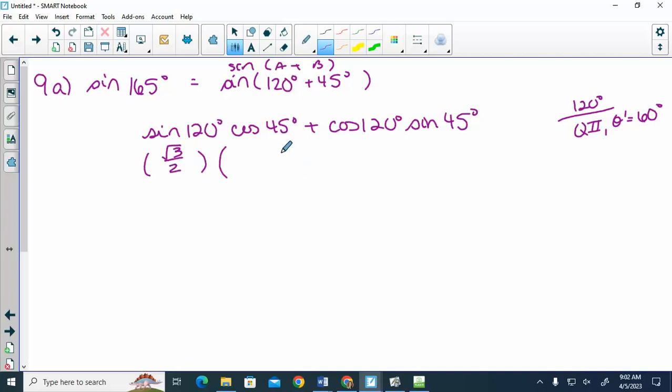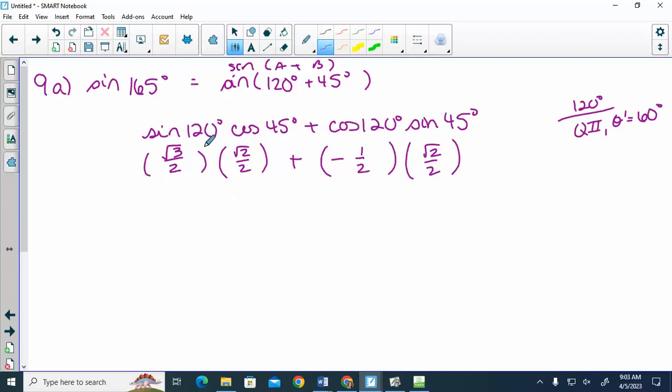Cosine of 45, so that's just quadrant 1, so just our hand trick. Cosine plus cosine of 120. So in quadrant 2, cosine is negative. Cosine of 60 is 1/2. And the sine of 45 is radical 2 over 2.